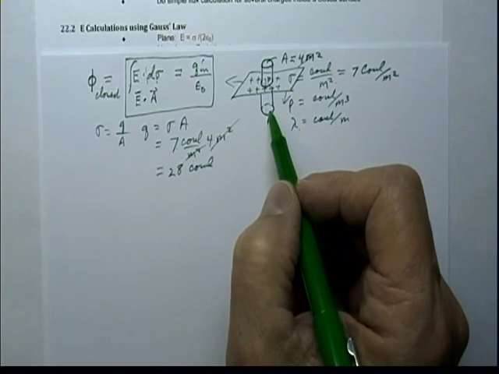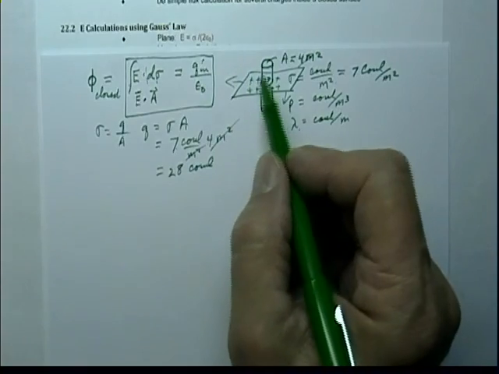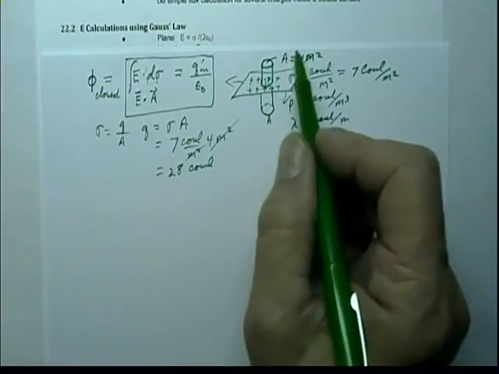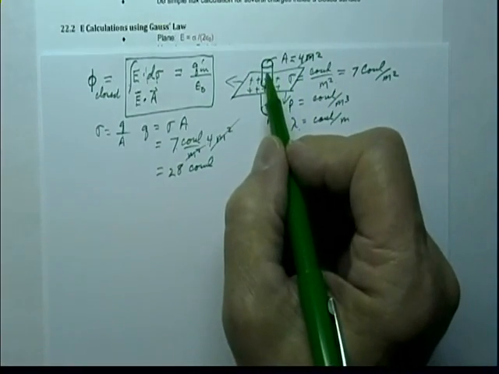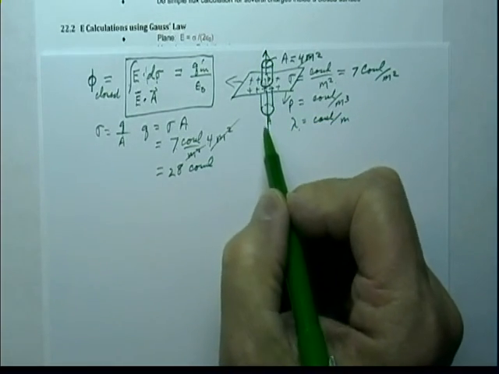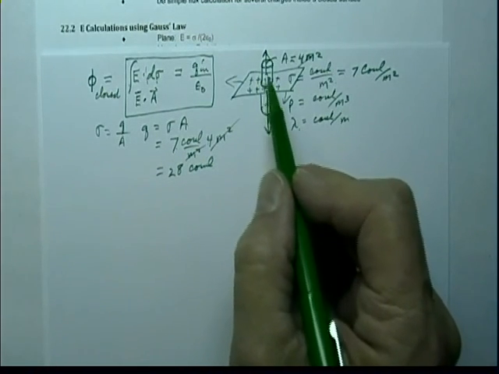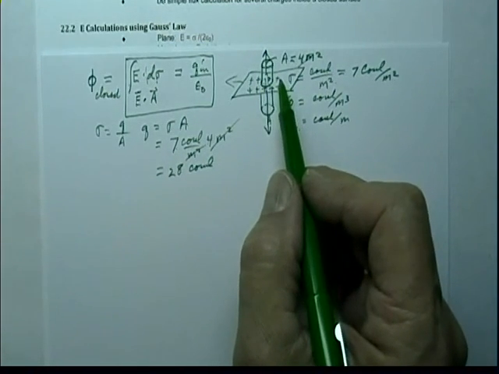It's a closed surface. All this other charge doesn't matter because the electric field lines from it go through it and go out again. But these electric field lines go straight up through the top and straight out through the bottom. Why is that? Well, the electric field has to go perpendicular to the plane because of symmetry.